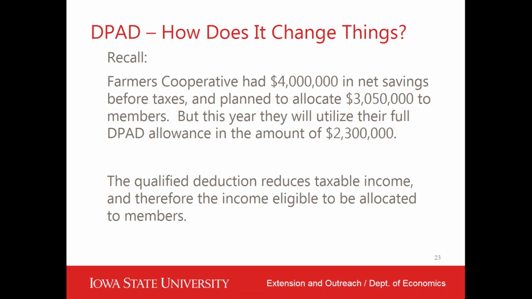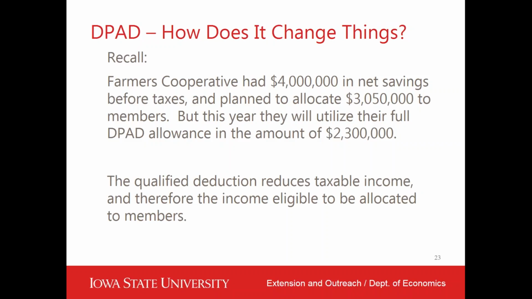But because of this DPAD allowance, because they have the ability to deduct up to, for example, 50% of their W-2 wages, they're going to take an allowance of $2.3 million, which means they're going to reduce their taxable income. A reduction of the taxable income by the amount of this domestic production activities deduction, or Section 199, effectively reduces the amount that can be allocated to membership.